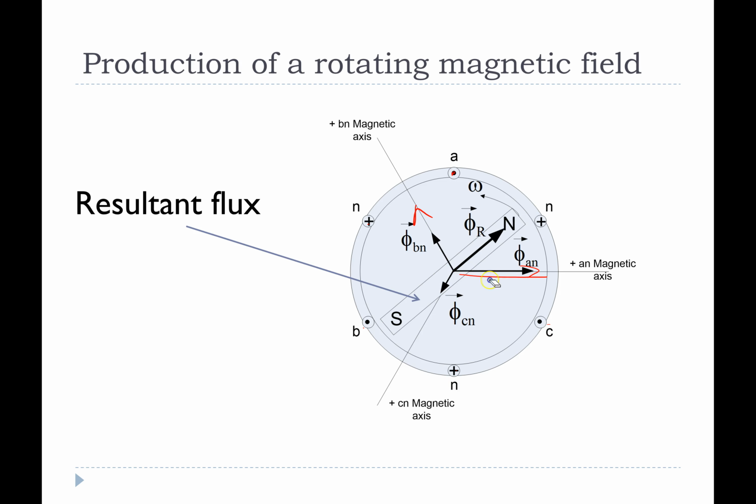So the three windings are oriented 120 degrees apart, and also the voltages and currents that go into them are electrically 120 degrees apart.